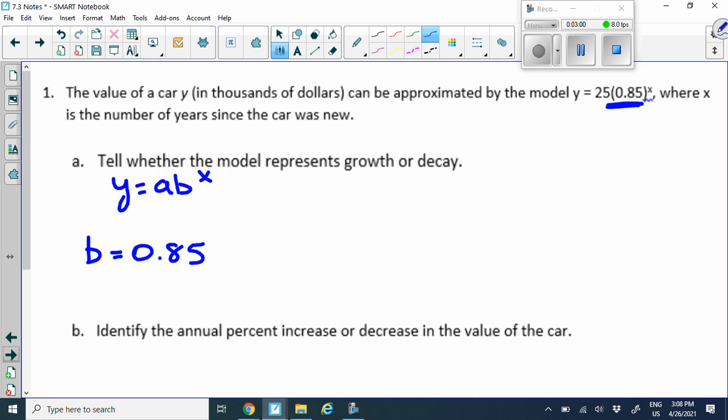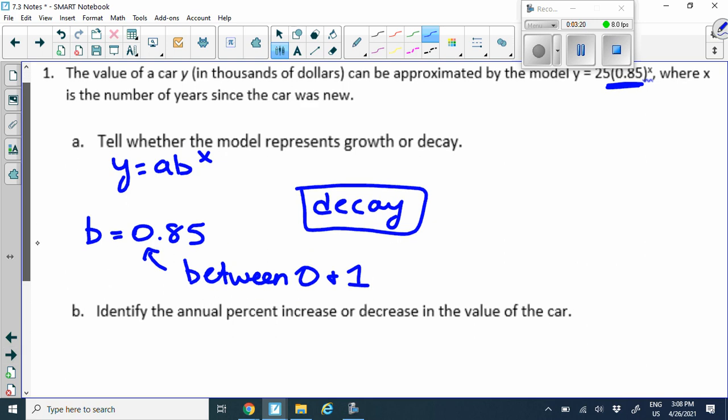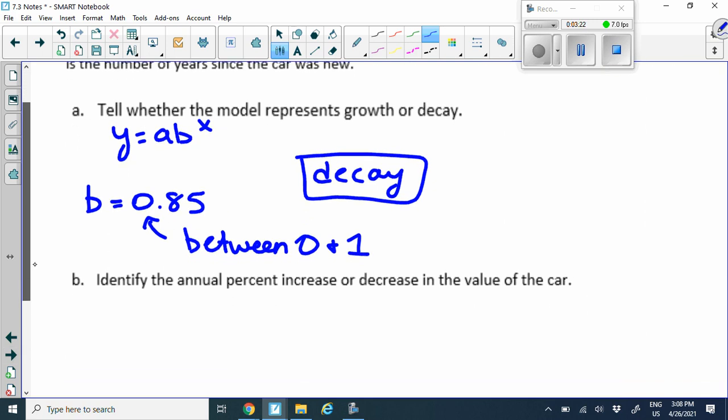Now, is that in between 0 and 1, or is that greater than 1? Well, that's in between. So that means we are going to have a decay. So our model represents decay, since our b value is in between 0 and 1.